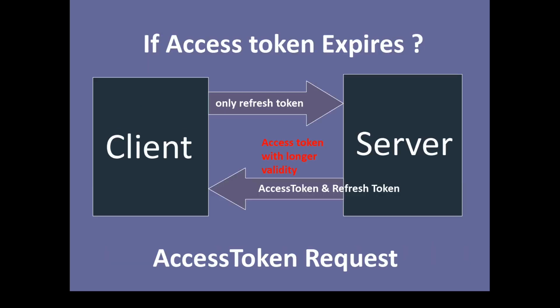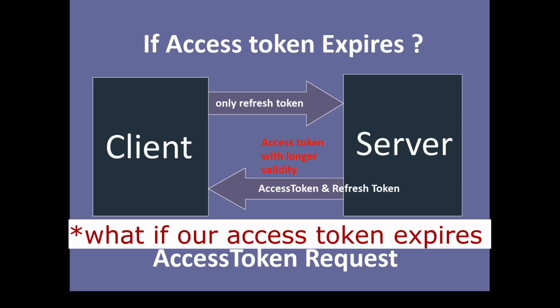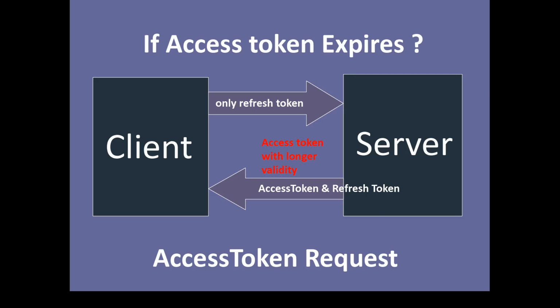And what if our access token expires? We make a request for a new access token and now we don't need login credentials again. We pass the refresh token and in response we get a new access token with longer validity.